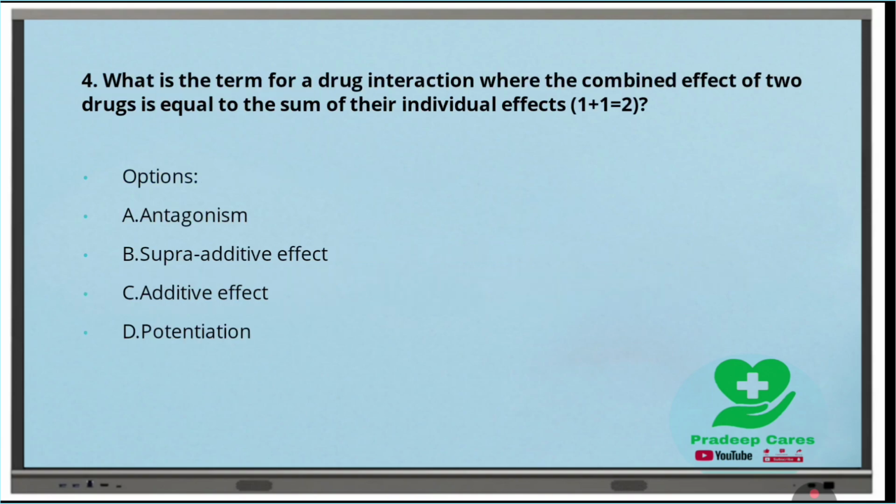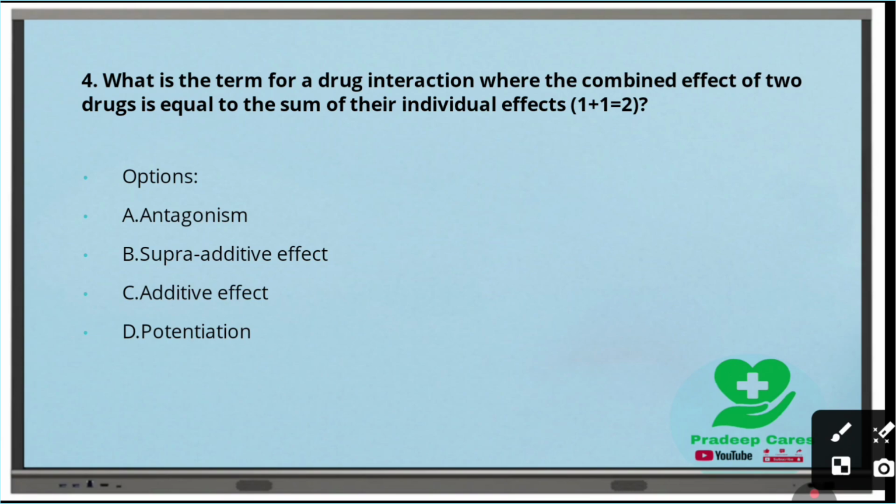Next question. Question number 4. What is the term for a drug interaction where the combined effect of two drugs is equal to the sum of their individual effects? 1 plus 1 is equal to 2. Options are option A antagonism, option B supra-additive effect, option C additive effect, and option D potentiation.